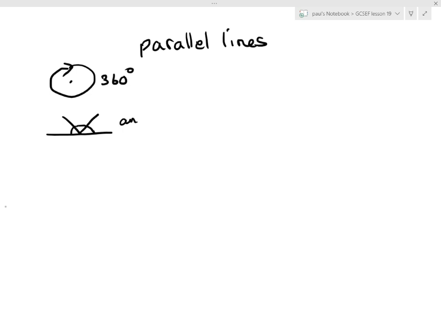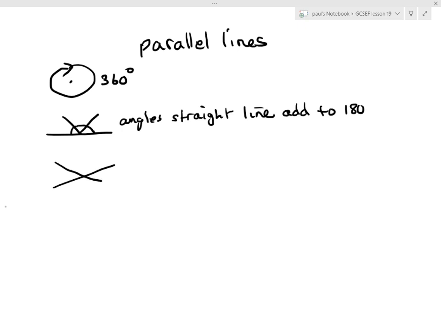So angles on a straight line add to 180. So here we can see already that if we knew 2 of those, we could work out the third. Now, the next one is this, when we draw a cross shape. And these angles are the same as each other.